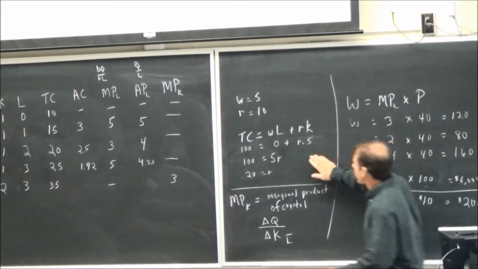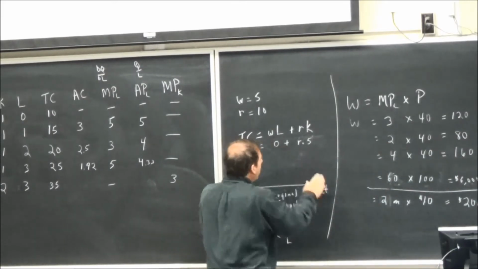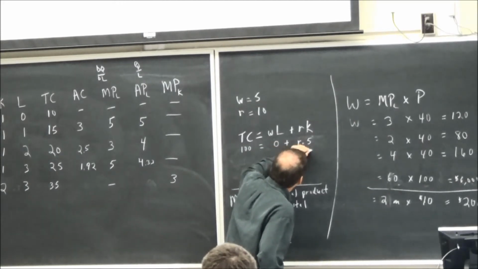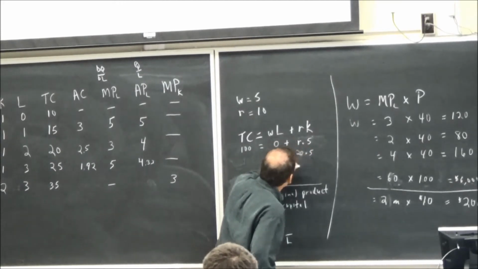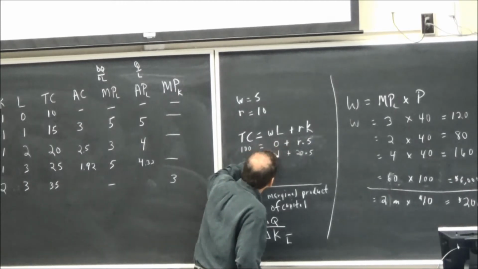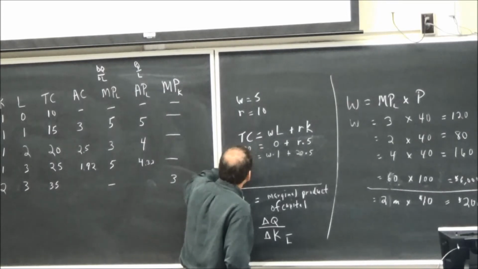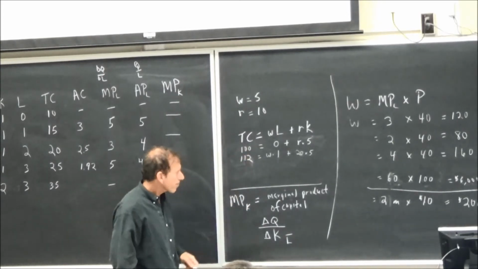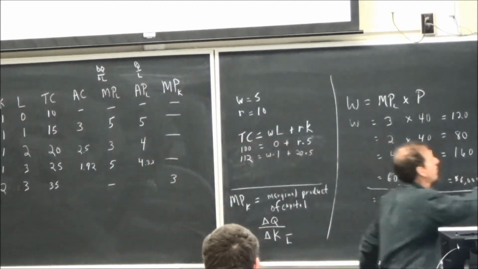Or you can go back to this formula again and say that I know that capital costs 20. I know that I bought 5 units of that. I'm solving for a wage rate and 1 unit of labor, and my costs are, sorry, 112. So I just took all this information.